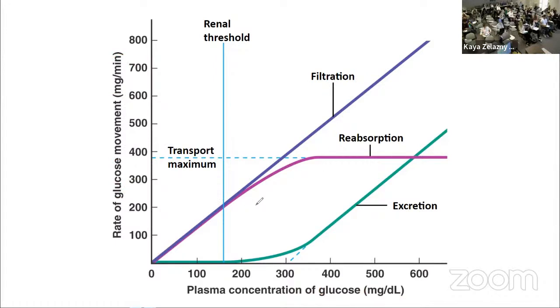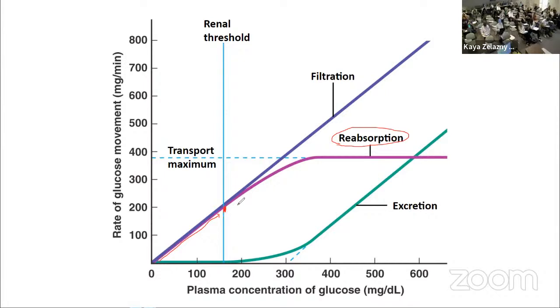Reabsorption and excretion are different. The reabsorption is what we just walked through happening in the proximal tubule. Okay. So if you are at low concentrations of glucose, it looks just like our filtration line, right? More glucose gets reabsorbed. More plasma glucose, more glucose reabsorption until we hit our renal threshold.